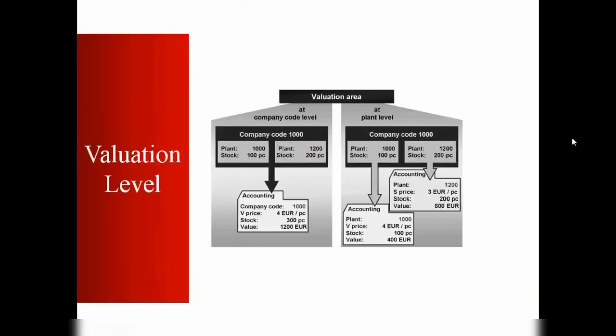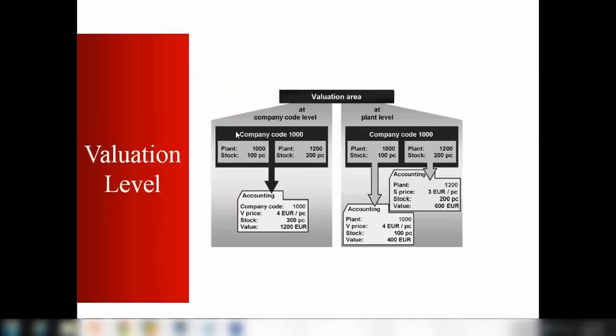Here you can see those two levels again. You can say, I want to maintain that at the company code level, or you can say, I want to maintain at plant level. Here the second level is plant level.